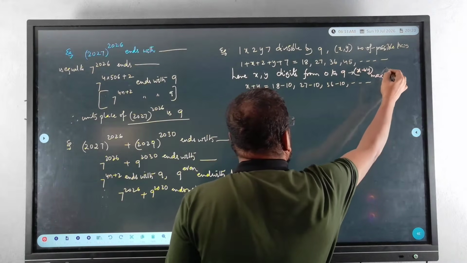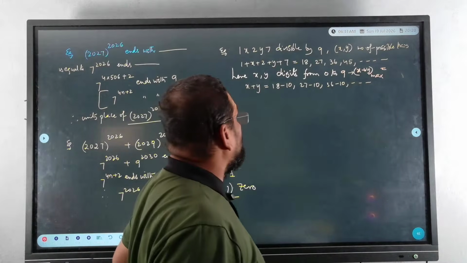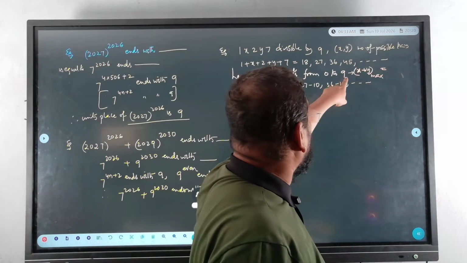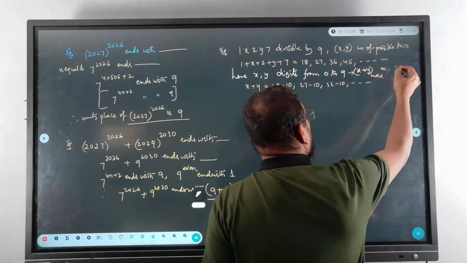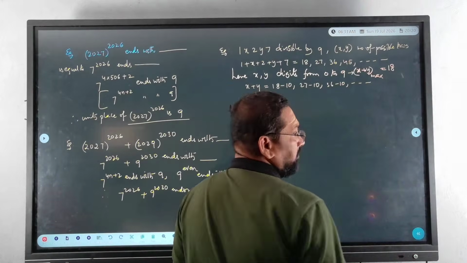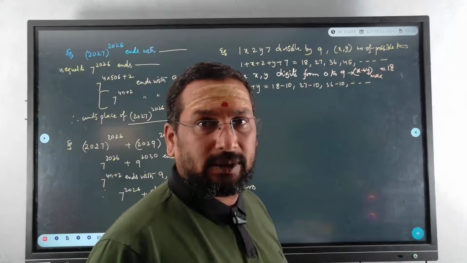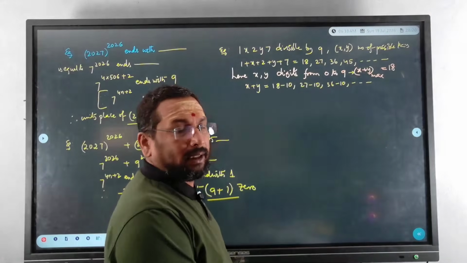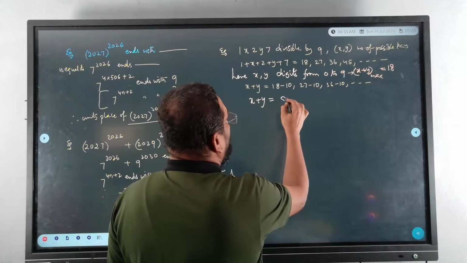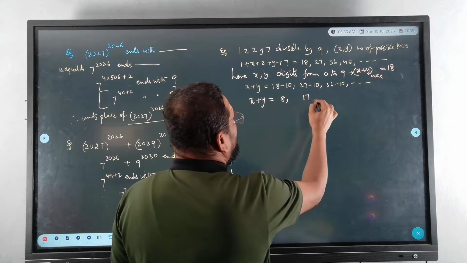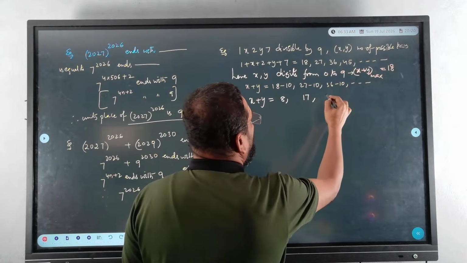How much, sir? X plus y max. You can take maximum x 9 and maximum y 9. So 9 plus 9, 18 is the maximum. More than that does not exist. So x plus y is equal to 8 or 17 or 26.